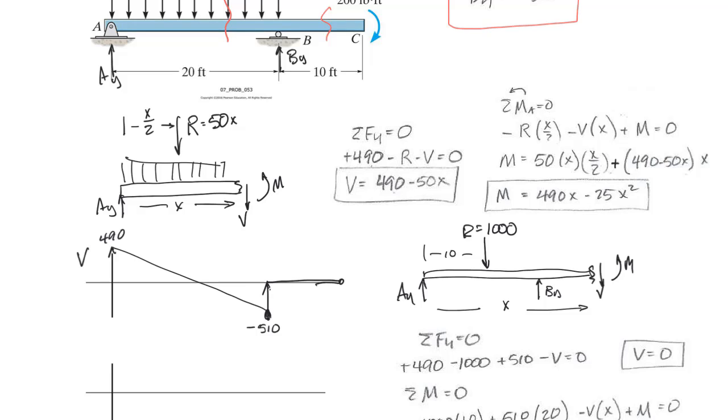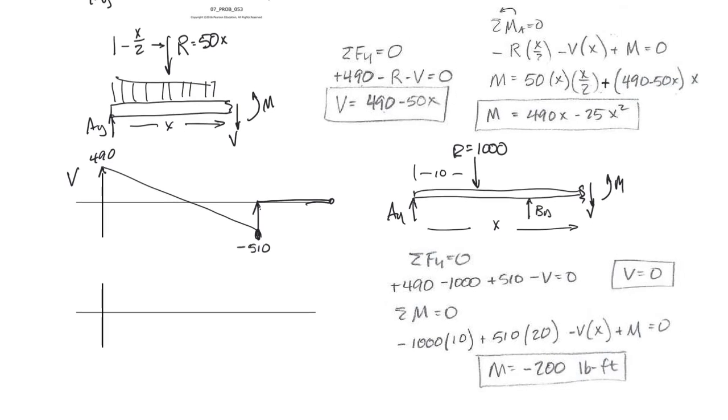There's our shear equation. How about the moment equation, or the moment set of equations? Let's move this up just a little bit. All right, the moment starts at 0 between A and B, and at x is equal to 20, it goes up. It looks like it's a quadratic.